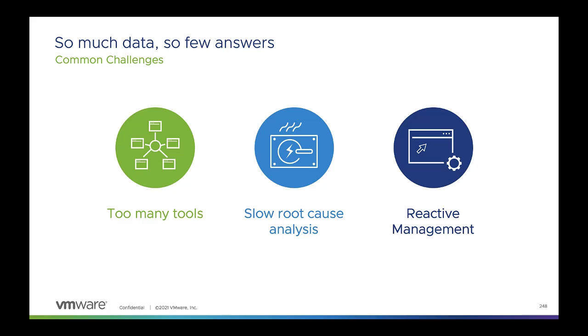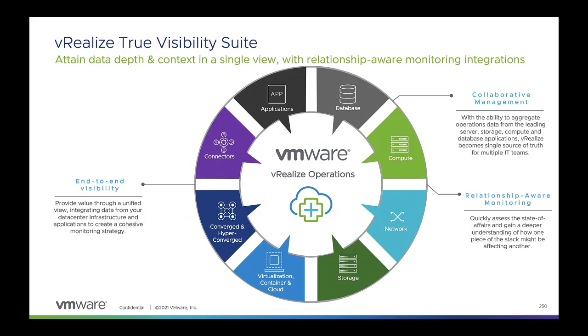It runs into a lot of fire drills. Since we have so many tools, we're still running into slow root cause analysis, and we're spending all of our time fighting fires rather than making sure we have everything in place so we can spend time on other projects.